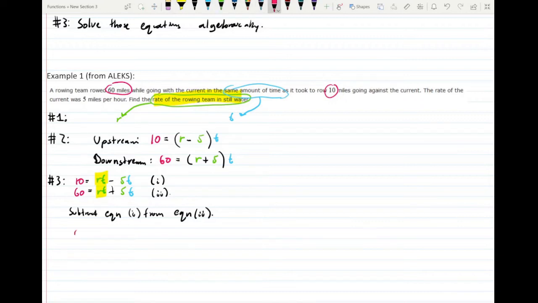And that gives us 50 equals RT minus RT, which becomes 0, plus 5t minus negative 5t, which equals 10t, from which a simple division by 10 on both sides gives us 5 equals t.